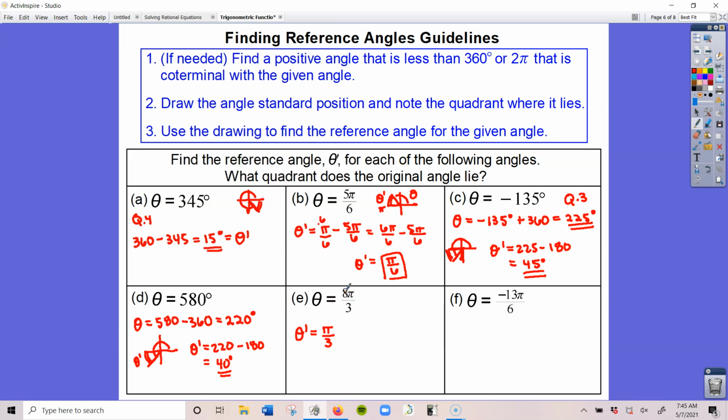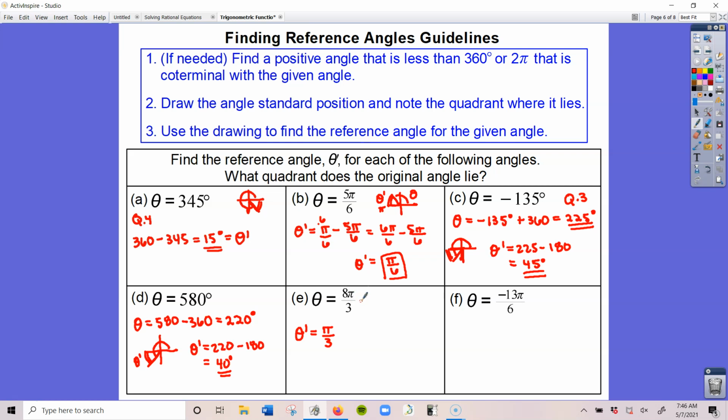Now, 8 pi over 3 is more than 2 pi. And I know this because, first of all, it doesn't follow any of the patterns of my denominators. See, this is 8 over 3, and if I double the 3, I get 6, minus 1 is 5. So it's more than quadrant 4, meaning that it's going to be more than 2 pi.